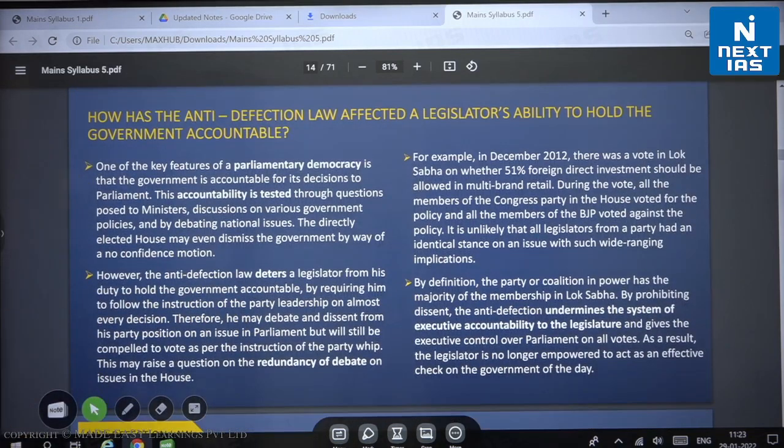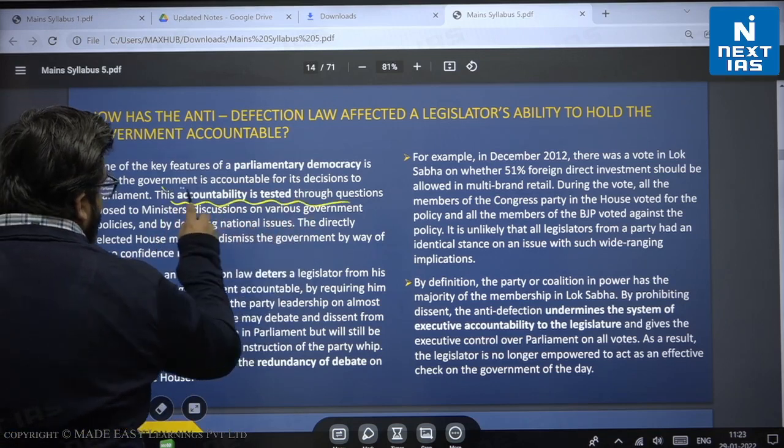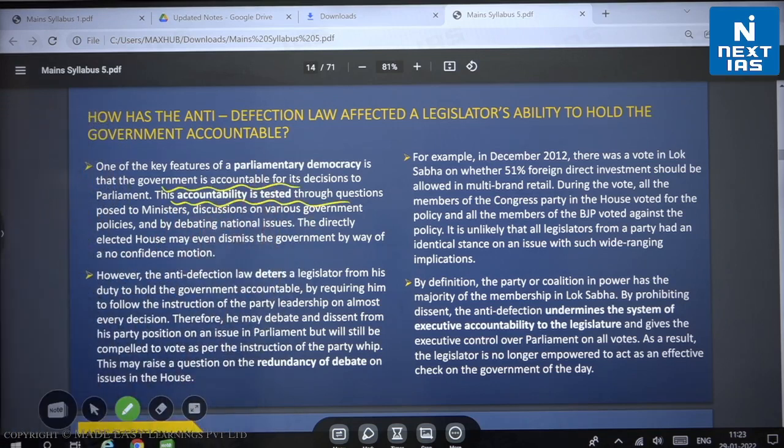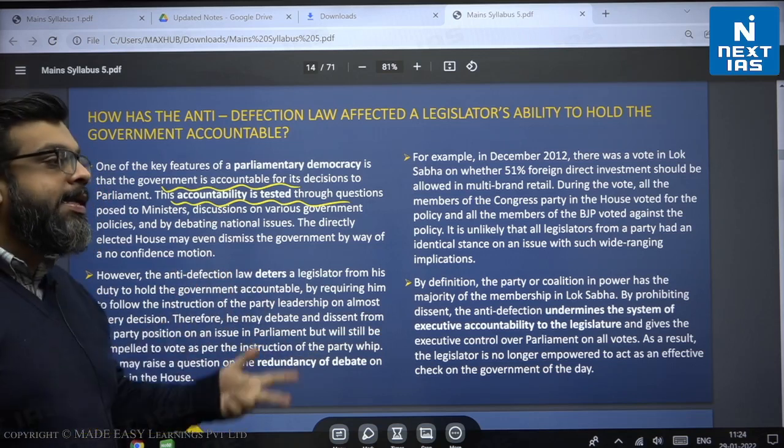Now, because of this, has parliamentary accountability or checks and balances been affected? Yes, because one of the key features of parliamentary democracy is accountability of the government. And how do you do that? By questions you ask the ministers, by discussions on various government policies, by debating national issues.